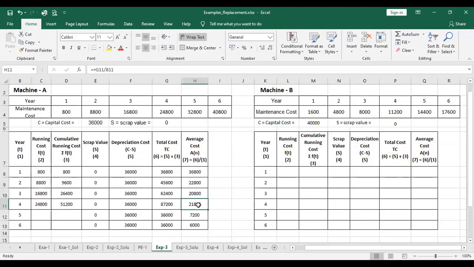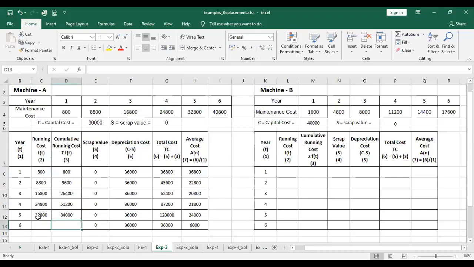Yeah. May I say the fifth one? Yeah, sure. Sir, for the fifth one, total is 1,20,000 and average would be 24,000. That's 30,800, 84,000 cumulative. So 84,000.